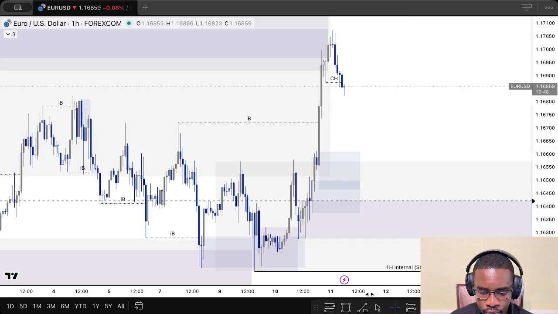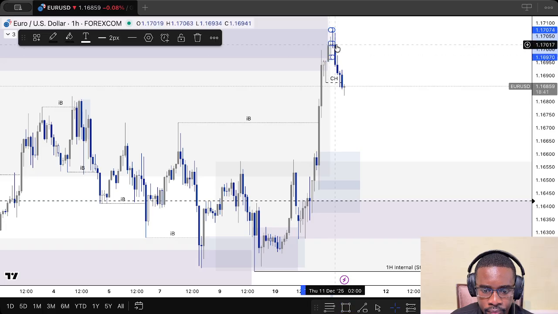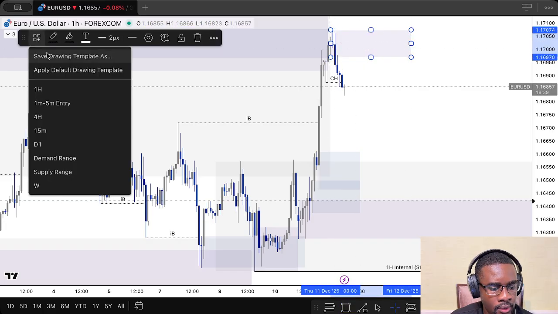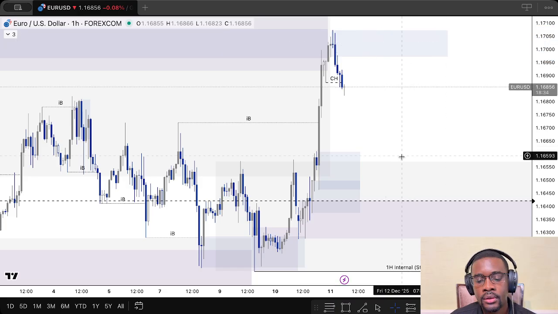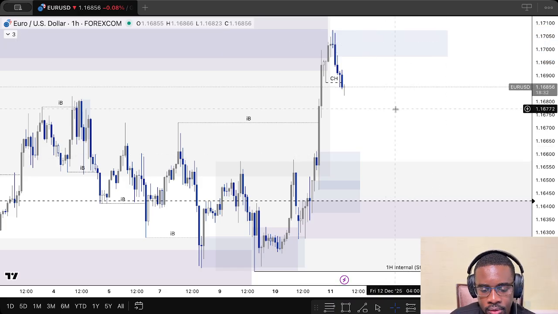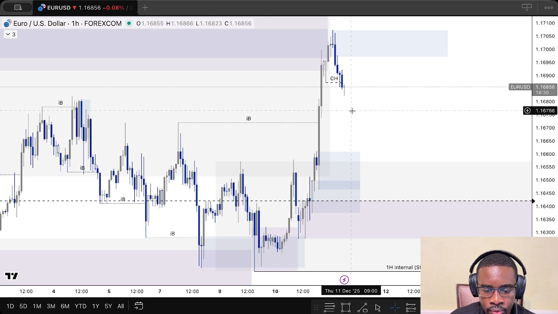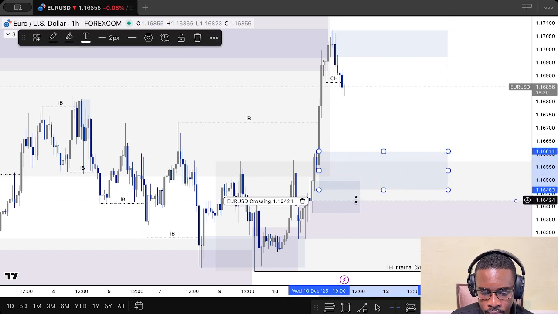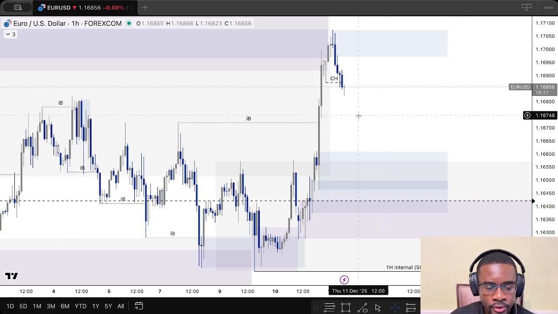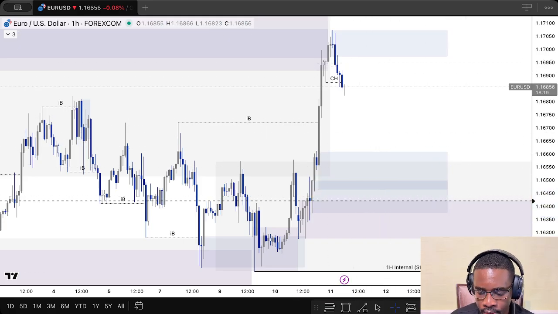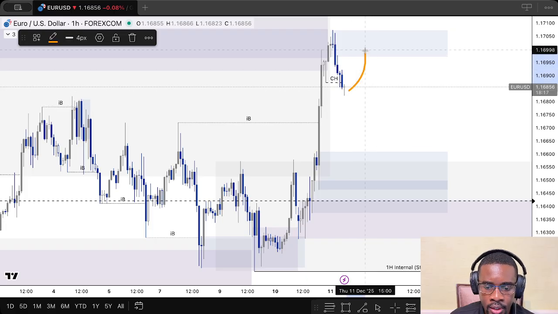So right now we have a choke on the 1 hour. Yes, we are reacting from that supply area. So you could try and go for counter trend trades, assuming that price will mitigate.